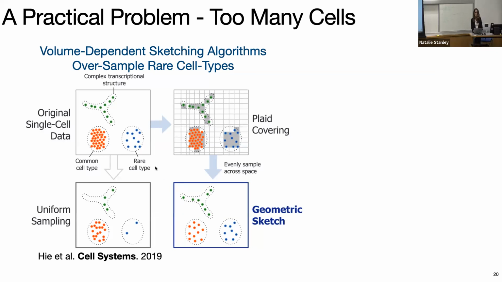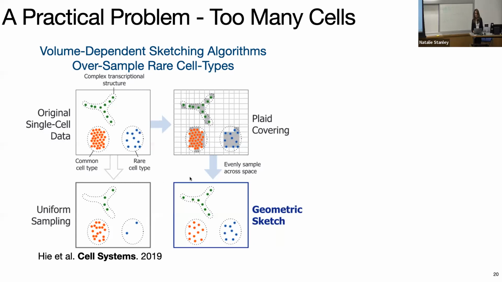So you can imagine that there's different frequency patterns that can arise in the single cell data set, right? You could have very common cell types like is shown in orange, or you could have more rare cell types like is shown in blue. And then, existing sketching approaches will either just draw a random sample and just randomly pick a subset of cells, or it will do something more sophisticated.